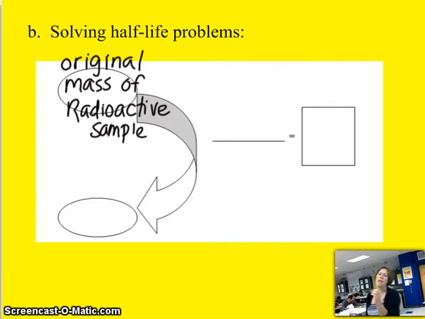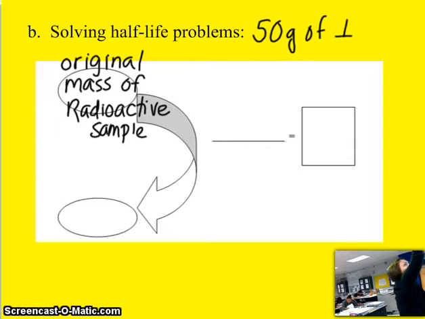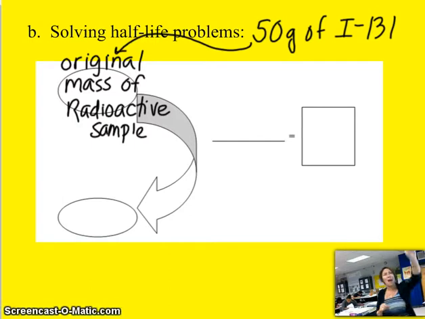So it's not the mass of an atom. It is the mass of your radioactive sample. So for example, if you had 50 grams of iodine 131 initially, the 50 is what goes in there, not the isotope's mass. You never, ever, ever use the mass of your isotope because that's the mass of a single atom, and you always have way more than a single atom.